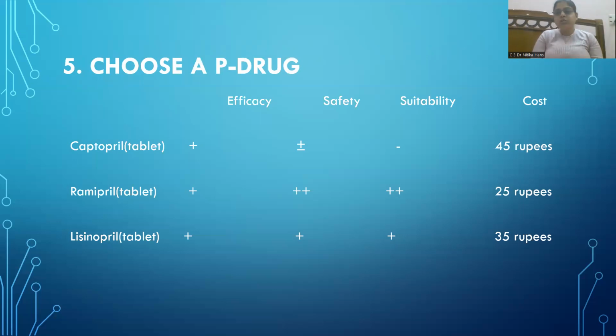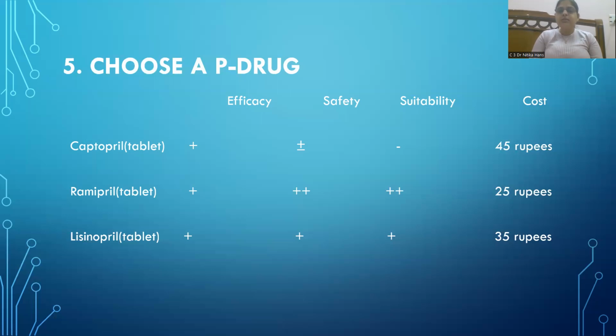It is costly also. Its cost is 45 rupees. The efficacy is the same, that is, they all inhibit angiotensin converting enzyme, so they all decrease the production of angiotensin 2. But captopril has a short duration of action, lasting 6 to 8 hours, and it is less potent.